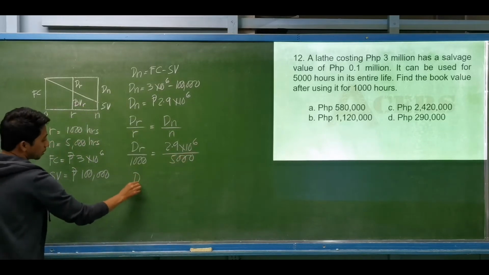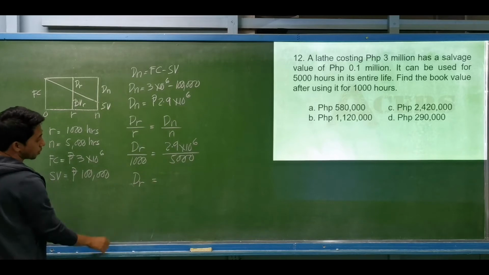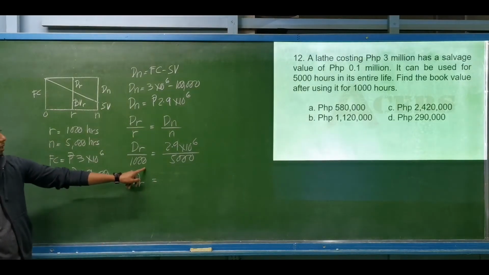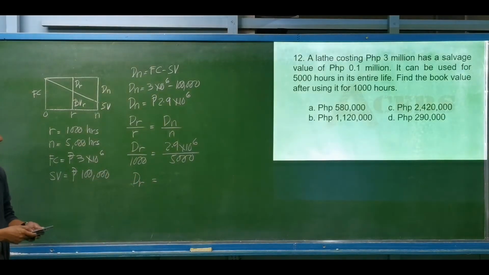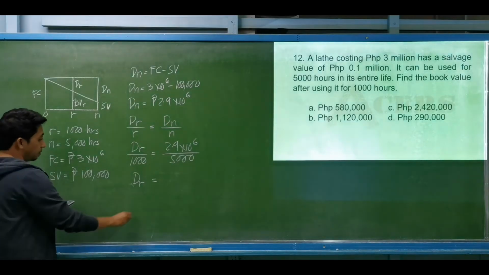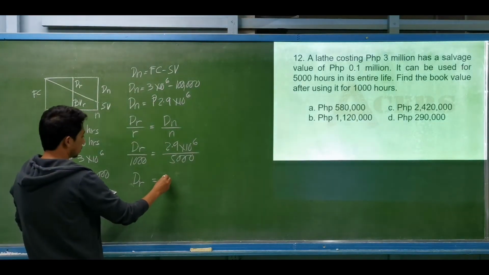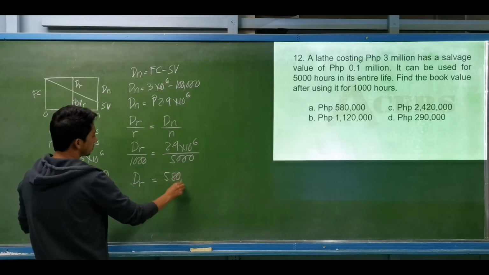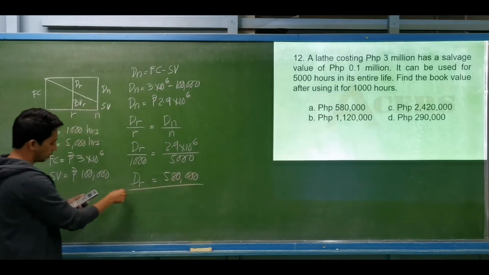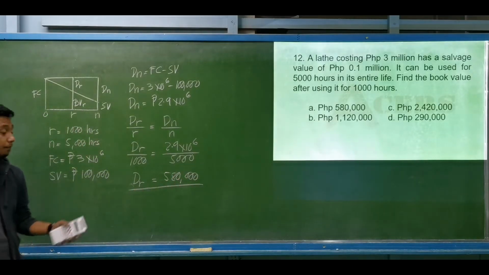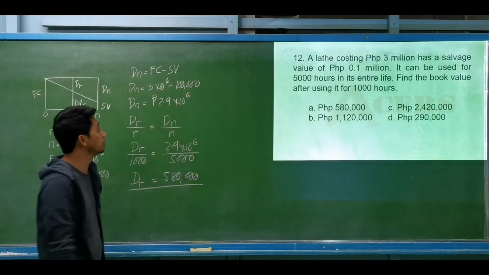So what will be the accumulated depreciation after using 1,000 hours? So you have 580,000. That will be the accumulated depreciation after using it for 1,000 hours.